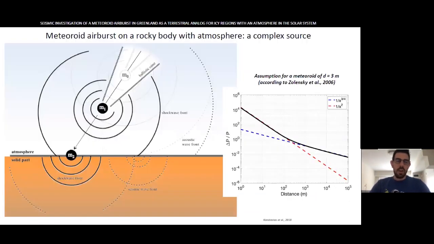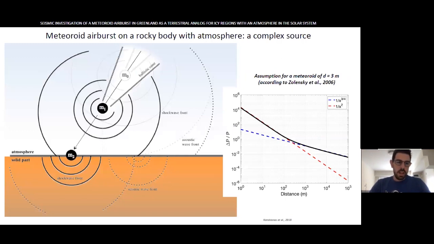Our interest is to understand the properties of an airburst as a seismic source, or a source of generation of infrasound waves that can be detected either by microphones or mostly seismometers located on the ground. As we had this kind of data from Greenland, we try to understand and regenerate the wave propagation.